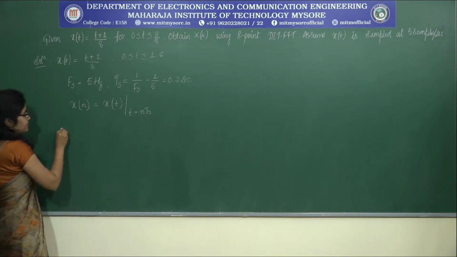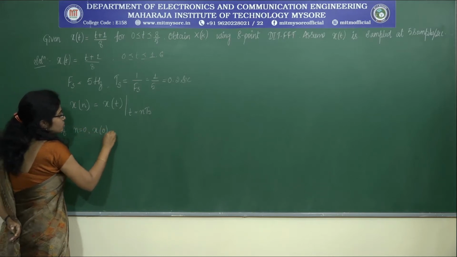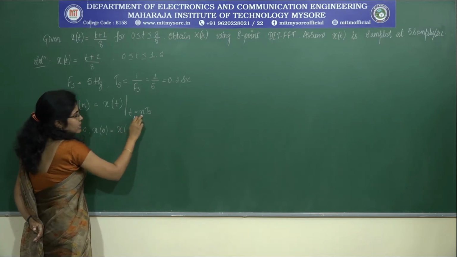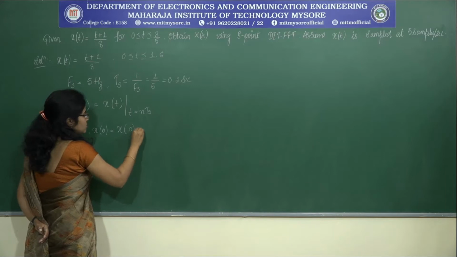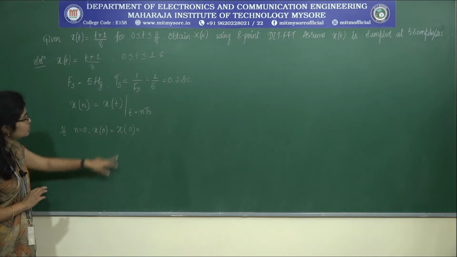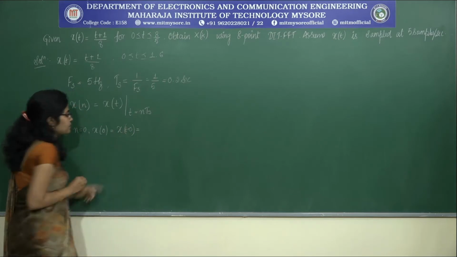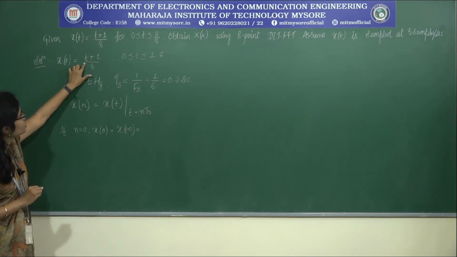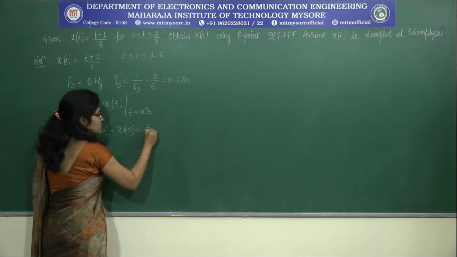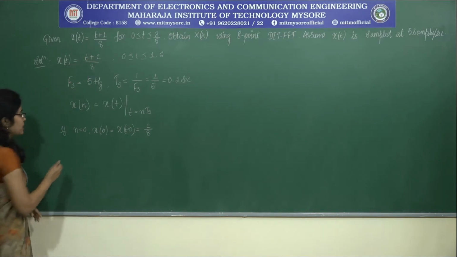If n is equal to 0, x of 0 will be equal to x of nts, n is 0, 0 into ts is 0, so it is x of 0 only. If I substitute t as 0 in this equation, it becomes 1 by 8. So what is the value of x of 0? It is nothing but equal to 1 by 8, the first value.